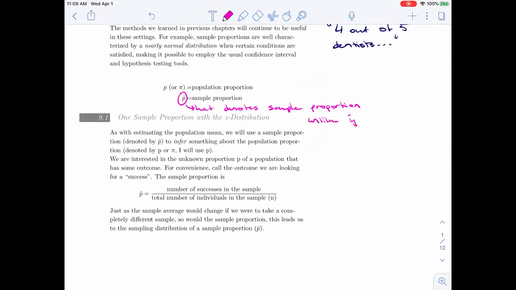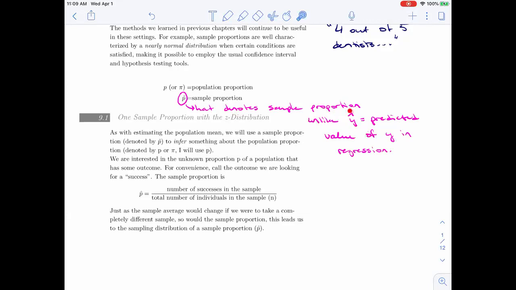Unlike y hat, which is the predicted value of y in regression. We've seen the hat, but depending on the context, the hat over a p denotes that it's a sample proportion, and if we've got a y hat, it's the predicted value of y in regression.